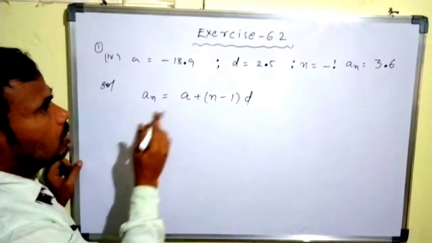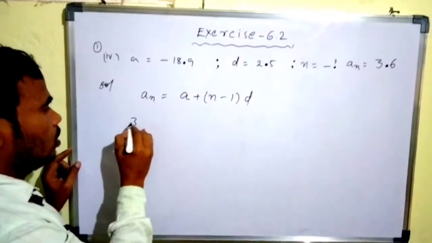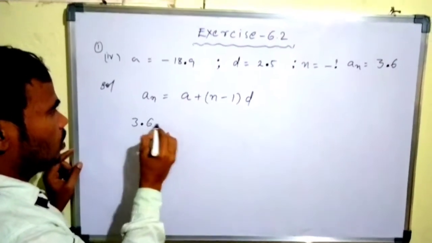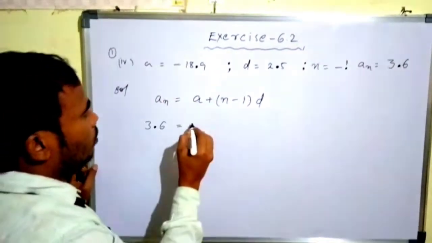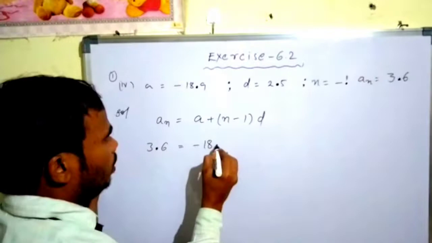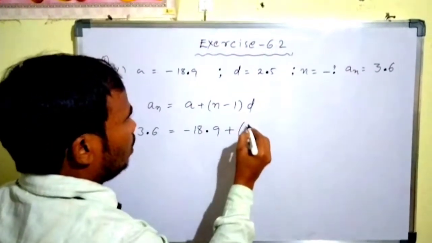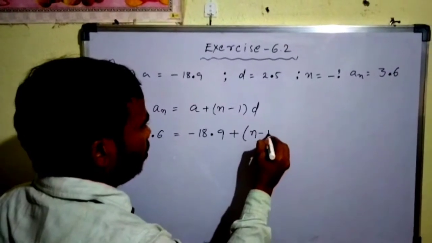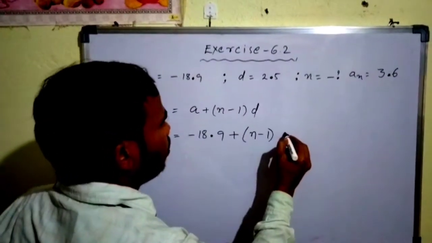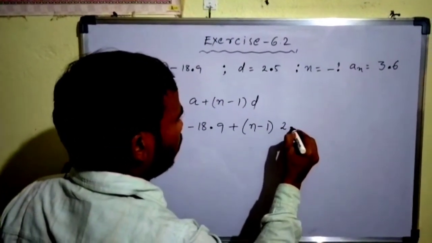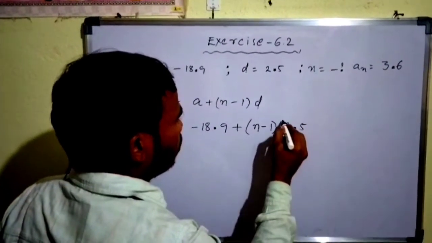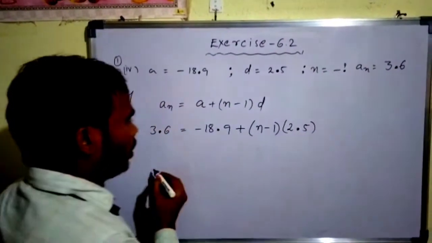The a n value given is 3.6, so substitute 3.6, and the a value given is minus 18.9, plus the n value which is not given, so write it as it is, and the d value given is 2.5. Put it in the bracket.